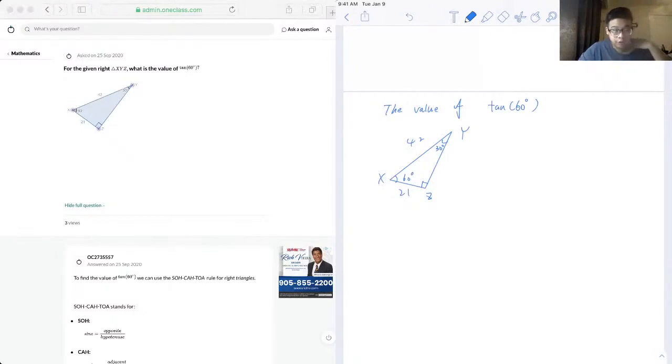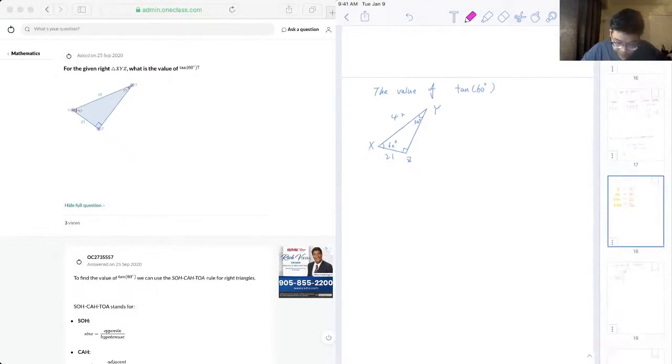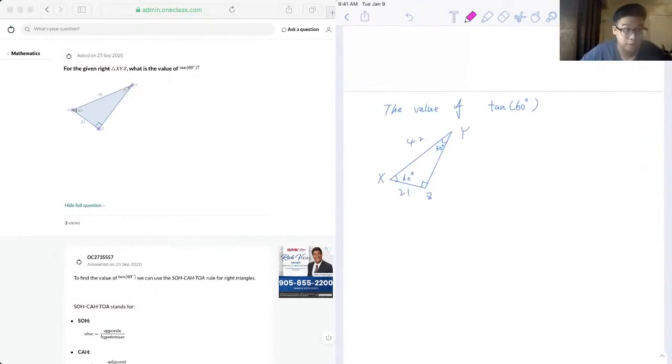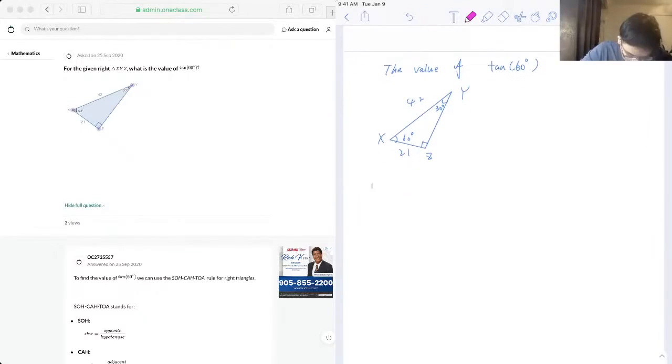So first, before jumping into this question, I would like to recall some formulas we always use in trigonometry. The first thing I'll be talking about is SOHCAHTOA, which simply stands for sine, cosine, and tangent.